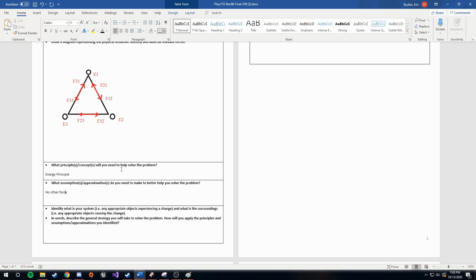Okay, so we have to calculate electric force for our concept.